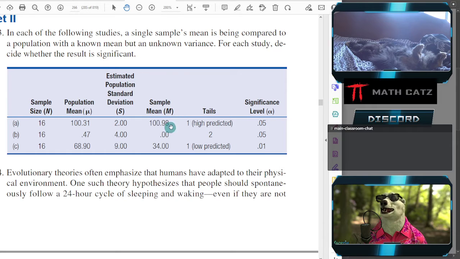Of course, the observed sample mean is 100.98. We are examining the right-tailed, a high predicted change. We just don't know if it's significant at an alpha of 5%.